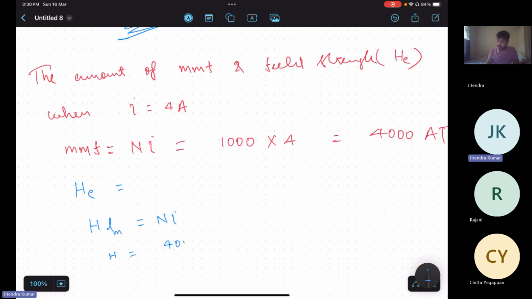NI we have already calculated, 4000 divided by Lm, which is 12 mm. H will be 333,333 ampere per meter.